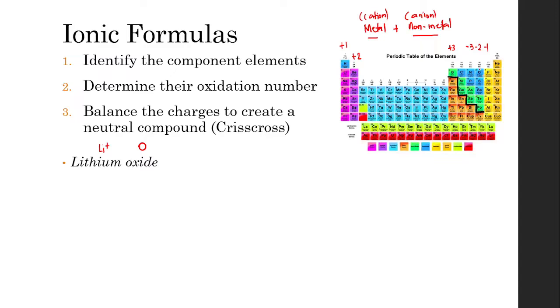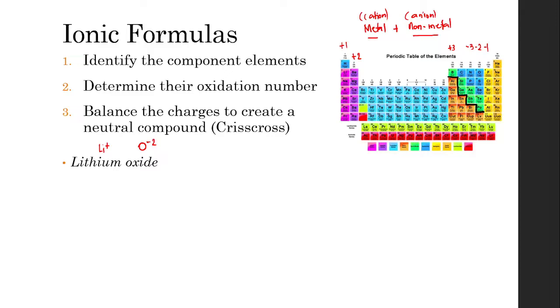And then you would have oxygen. Oxygen is found on column number 6, and column number 6 has an oxidation number of -2. So our oxygen anion, or our oxide, is actually negative charge, and it is -2.